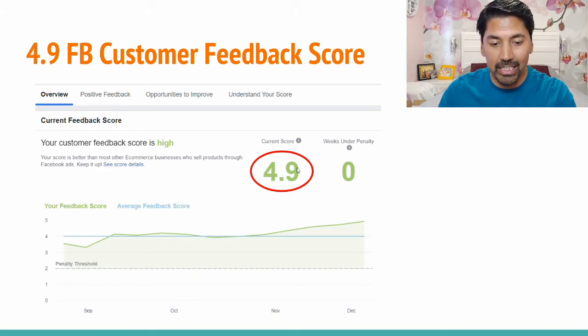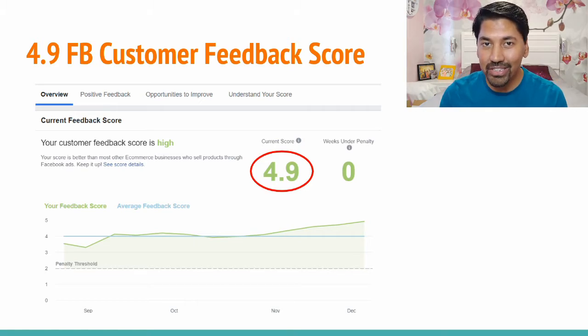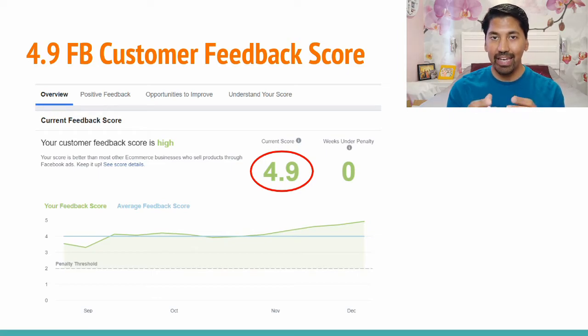Now, let's start by explaining what the feedback score is in the first place. This was something that Facebook instituted some time back as a way to mitigate poor customer experiences that many Facebook users were facing, because many dropshippers were often not giving the best customer service and not giving the best customer experience. Their products were of low quality, and because the customers were coming from Facebook, it gave a bad reputation essentially to Facebook, because that's where the ads were being shown.